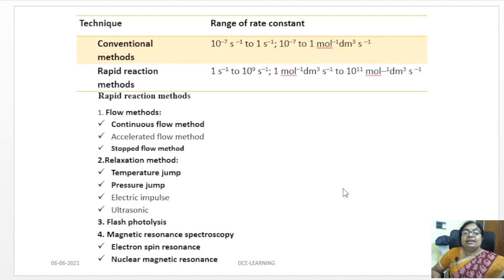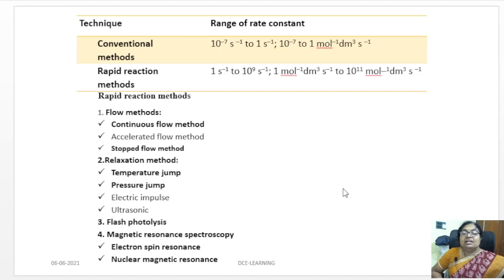This is the range of rapid reactions, whose rates differ from the conventional method. In the conventional method in the laboratory, you study rates within 10 to the power of minus 7 per second to 1 per second, whereas in the rapid reaction methods the range is 1 per second to 10 to the power of 9 per second.